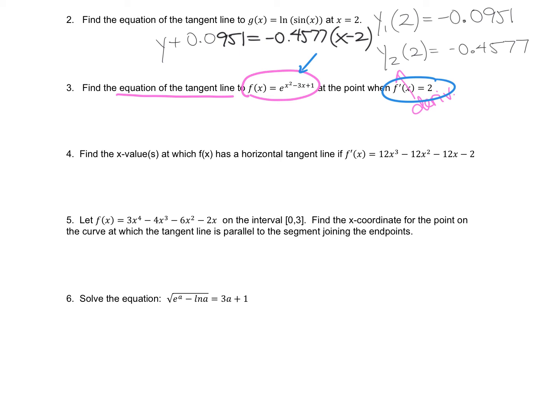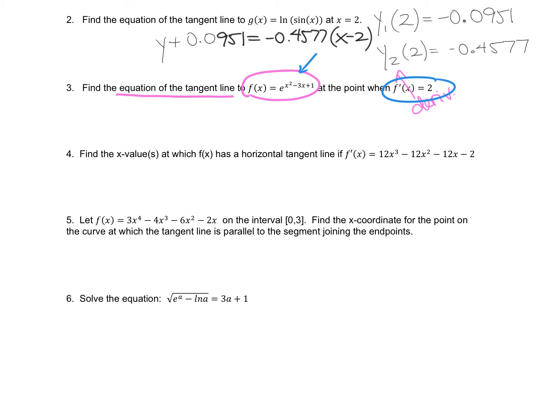I don't want to know where my original is equal to 2, right? I still have to type in my original because I can't find my derivative without it. But I'm going to go to y2 and type in d/dx of y1 at x equals x. Okay, again, before I graph, do I need to see y1? No. I'm going to unhighlight that.